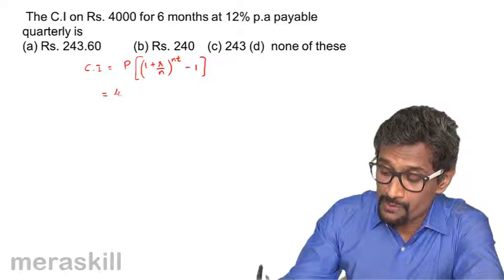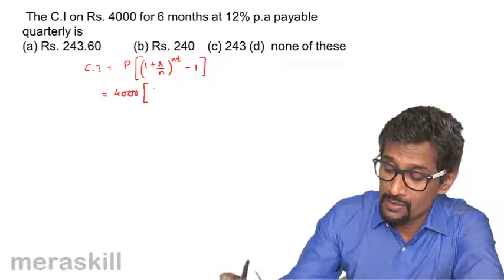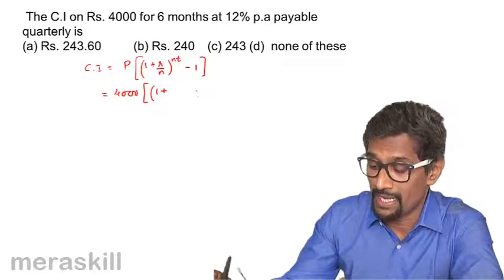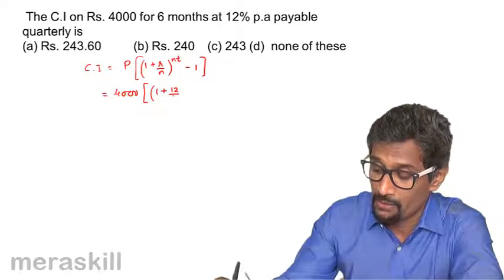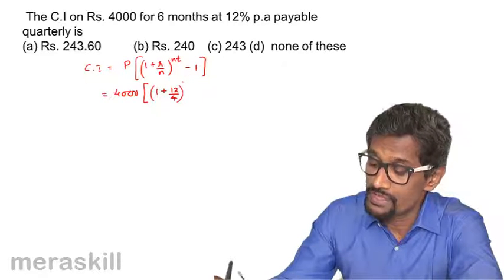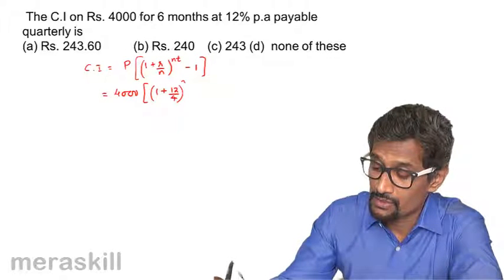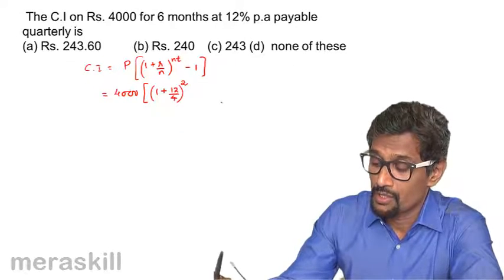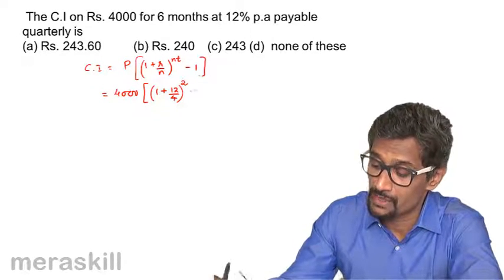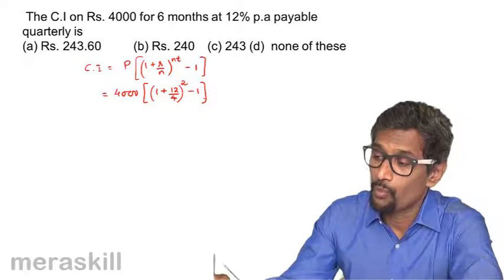So again the principal is 4,000 and you have 1 plus R by N, it's 12% per annum. So it's going to be 12 by 4 quarters raised to, for 6 months there are 2 such quarters, minus 1.